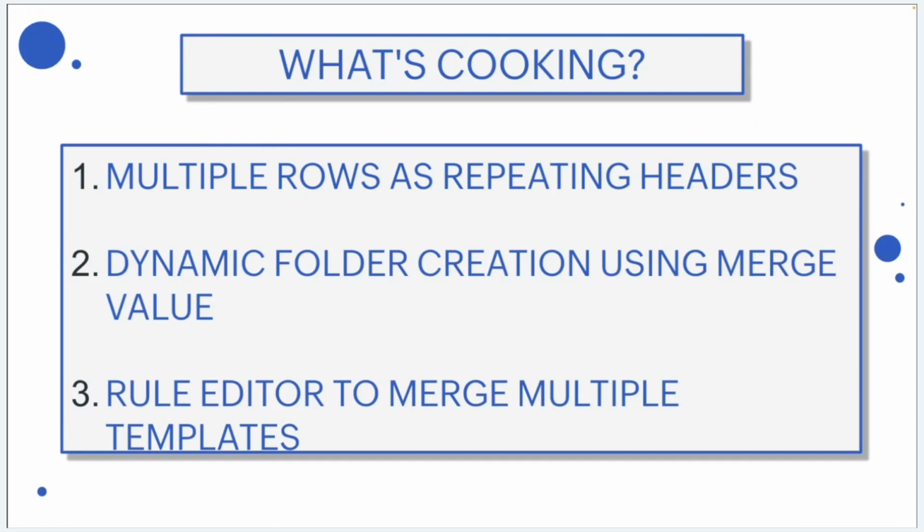The first feature is assigning multiple rows as repeating headers. So when you're dealing with tables with large rows and cells, this feature will be helpful. And dynamic folder creation using mail merge value and rule editor to merge multiple templates. I'll just explain these in the next few slides.